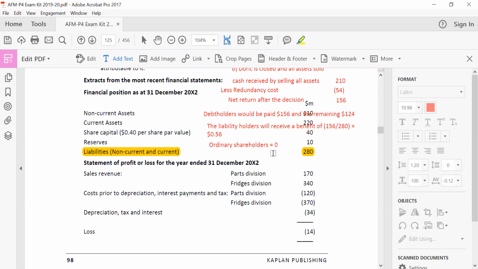At the end of the day, if you look at equity, share capital is part of equity, reserves is part of equity. So the equity is going to be 40 plus 10. In financial statement preparation, if you look at the equity side, we have share capital and reserves, they are all equity. And they said 20% premium on the equity. So the equity value is 50.